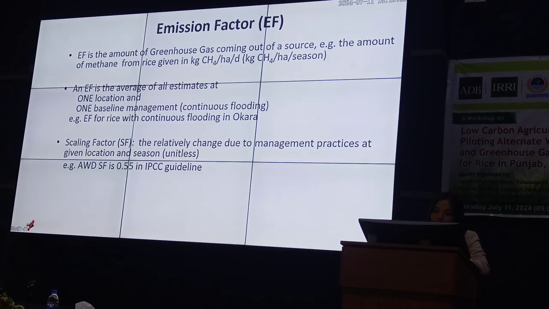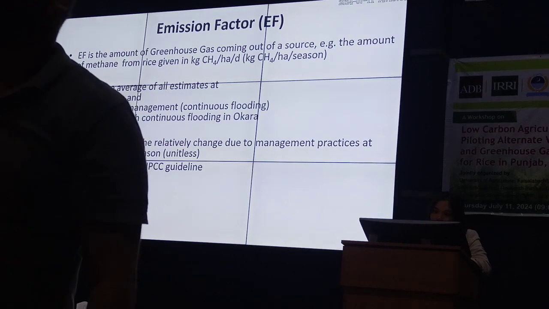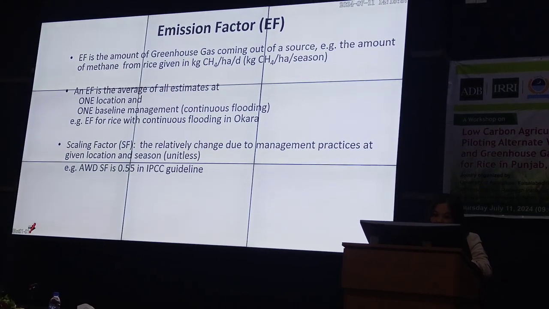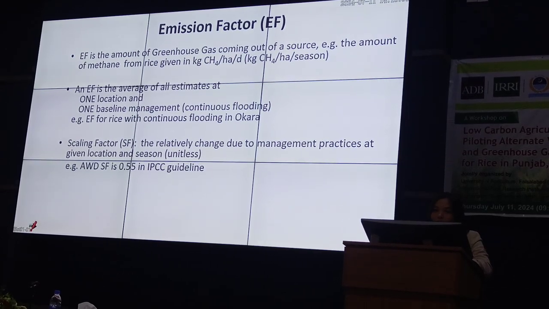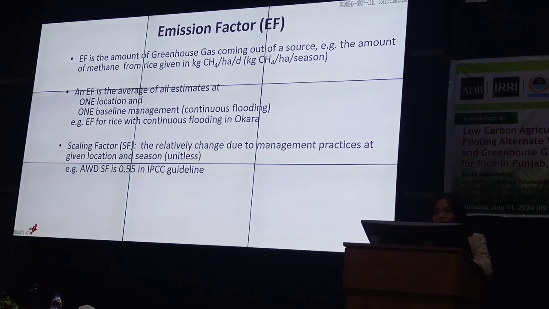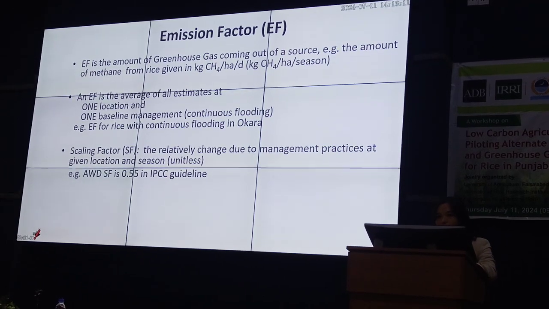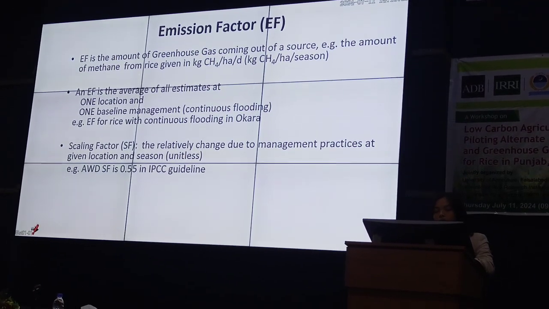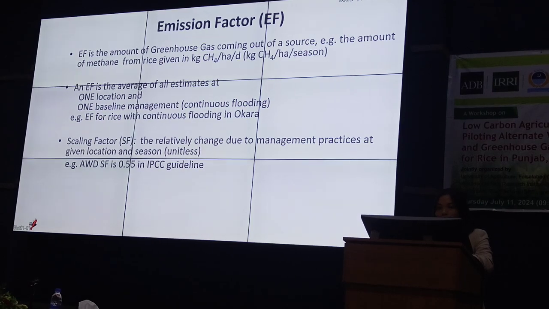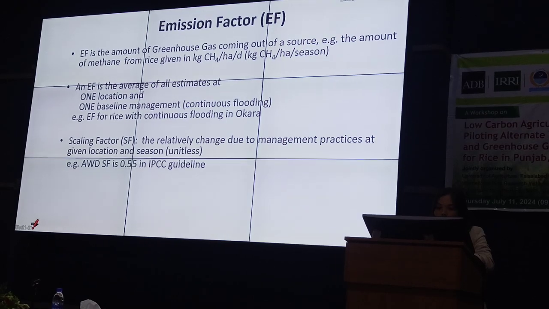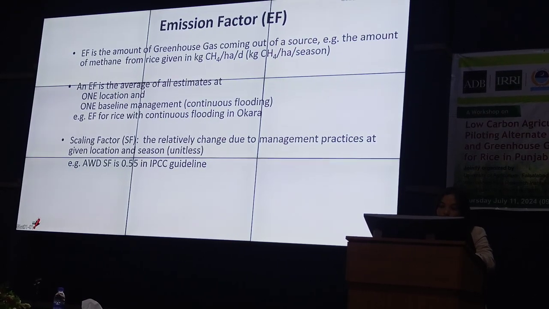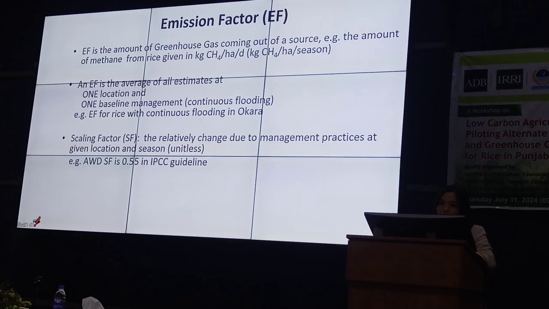Whereas another factor we call scaling factors is the relative change due to the management practices at one location and one season. Let's say we have an experiment with continued flooding, another one with AWD, and at the end of the season we see, okay, we have 50% reduction, so the mitigation potential is 50%, and the scaling factor is developed by the ratio of AWD and CF.